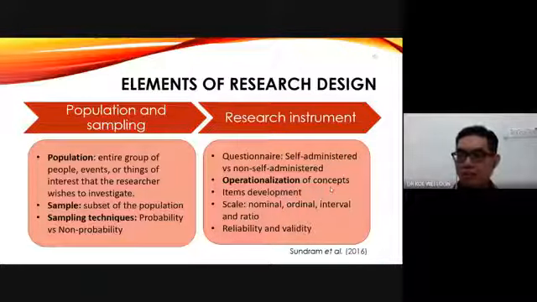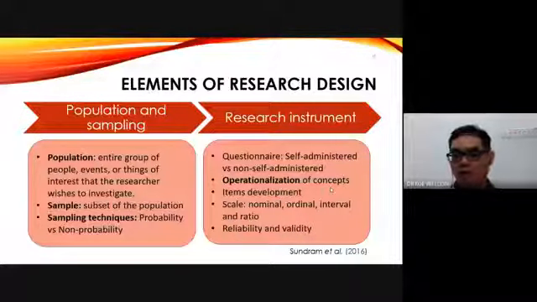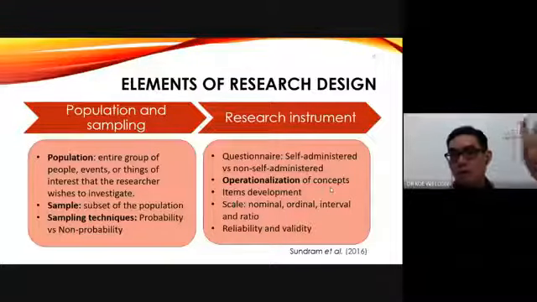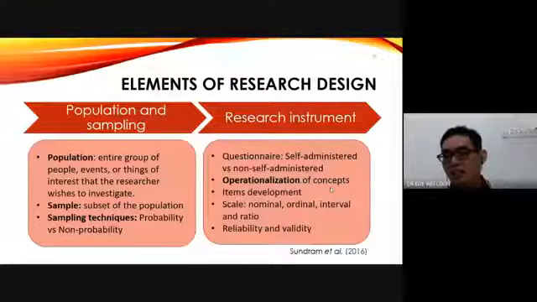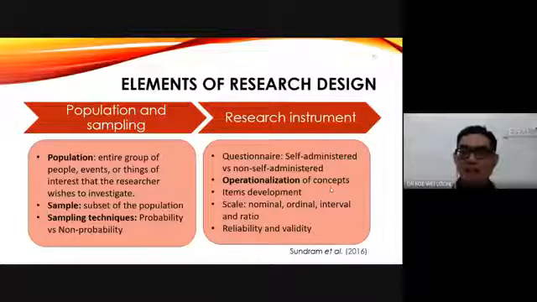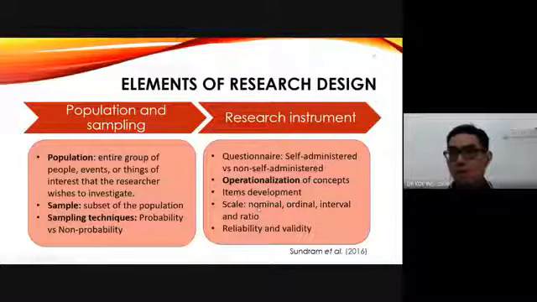I'm not so sure in your faculty, operational definitions, you write it in which chapter, but in my faculty, students are required to write the operational definition in chapter 1. So you write all the definitions of variables in chapter 1. You have to make sure that what you define in chapter 1 is reflected in your questionnaire.